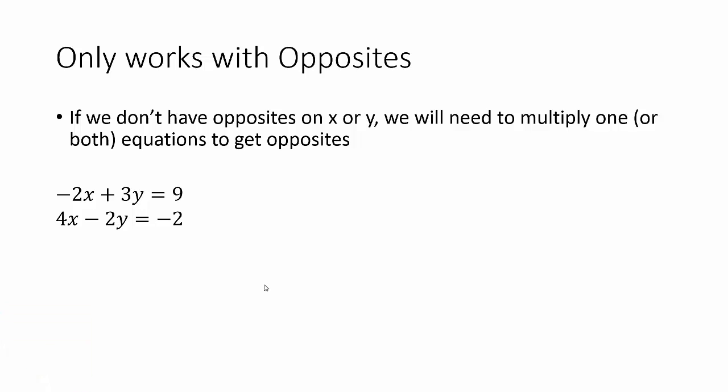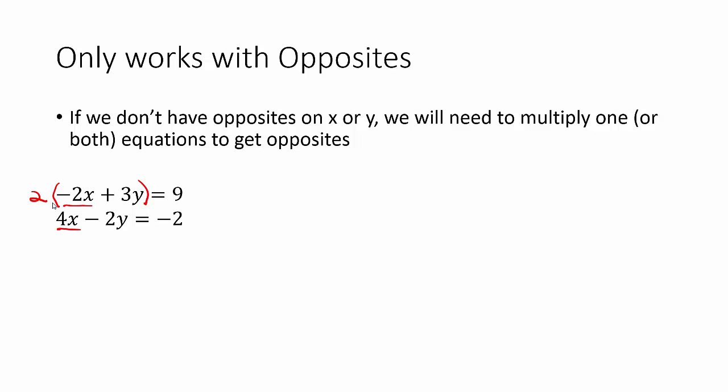Here's what I mean. Right now, if I added these equations together, we don't have opposites in front of x, and we don't have opposites in front of y's. A variable would not disappear. However, if I look at the x's, I notice that negative 2x can be multiplied by something to become the opposite of 4, to become negative 4. If I multiply this first equation by 2, 2 times negative 2 would be negative 4.